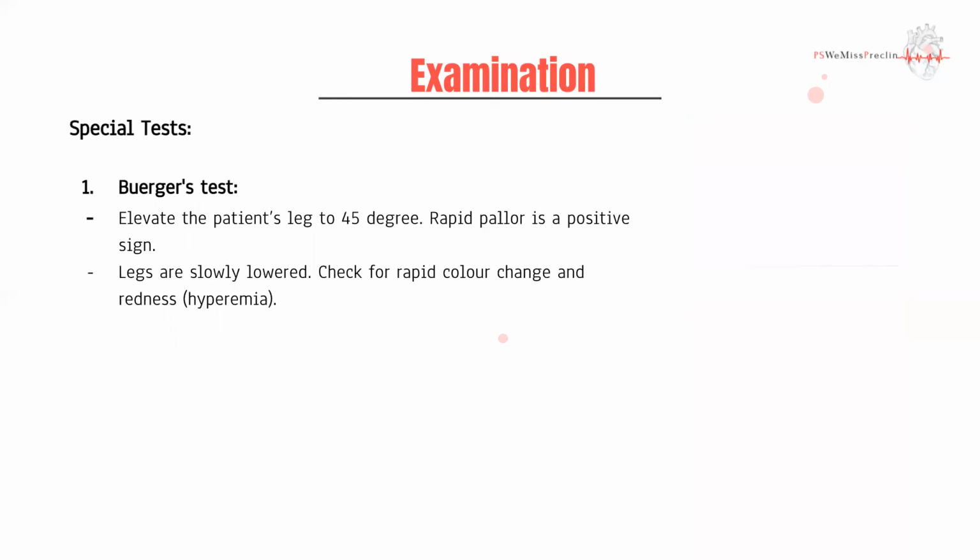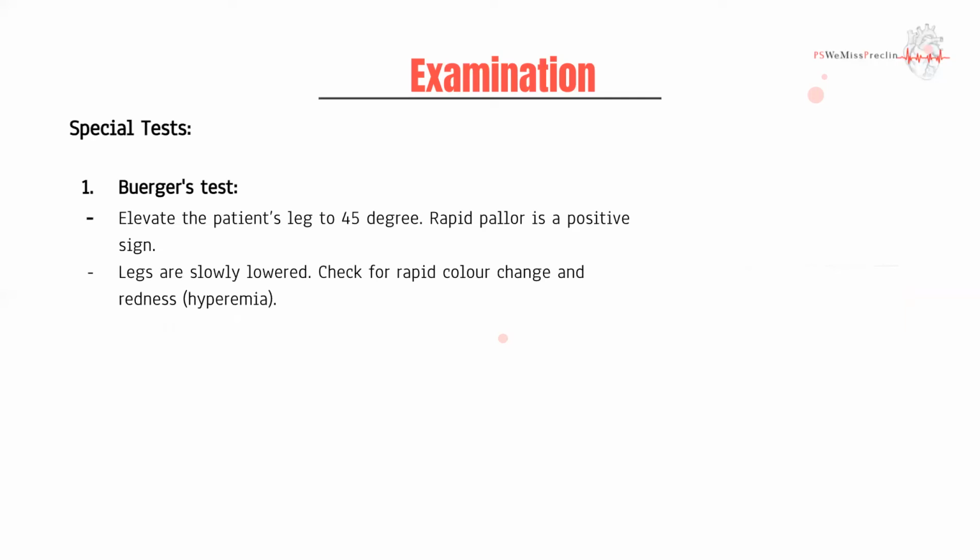A special test for PVD is a test called Buerger's test, where we kind of dangle the patient's leg by the side of the bed. We firstly raise it to 45 degrees, and rapid loss of color or rapid pallor is a positive sign because it indicates that the blood flow is not sufficient, especially when you're elevated. So that's the first positive sign you look for.